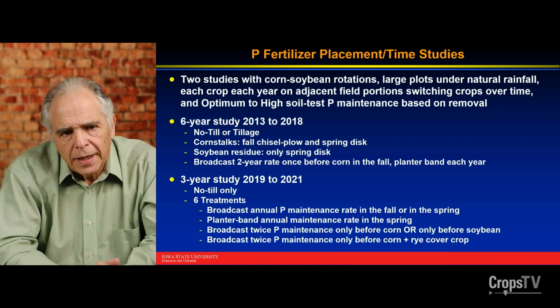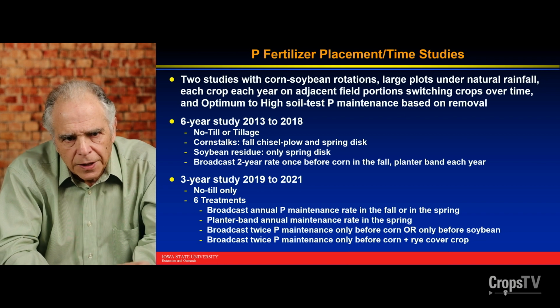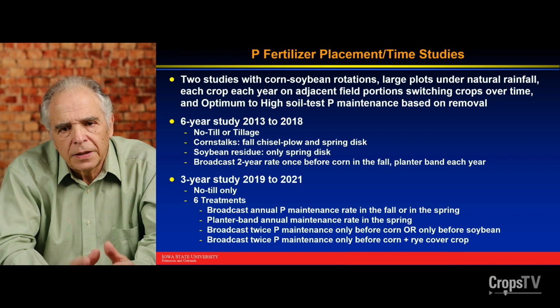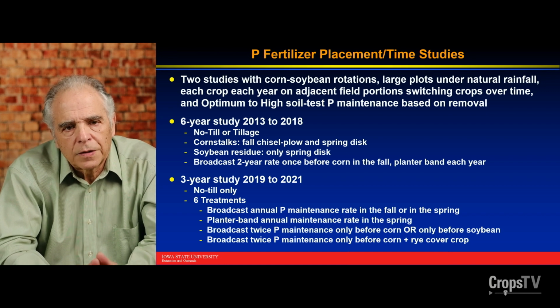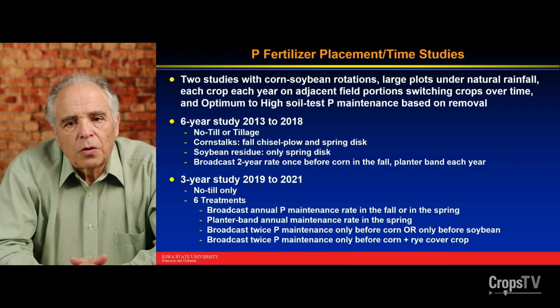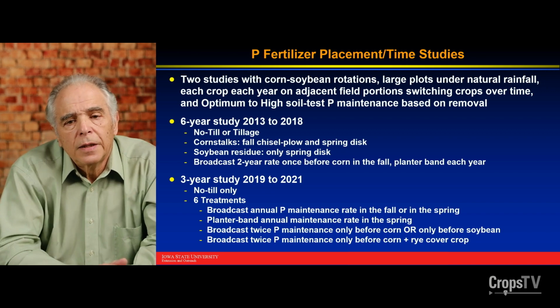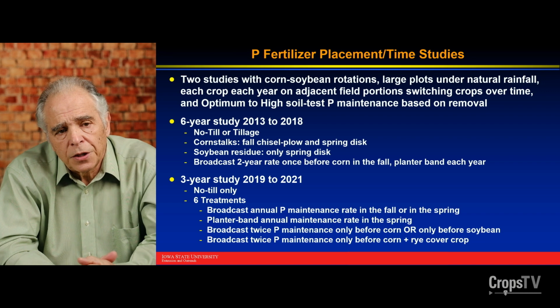So we are confounding the timing and the rate here, but this is what most people do, either broadcast a 2-year rate before corn, and some people in addition, or instead, put the phosphorus with the planter each year.